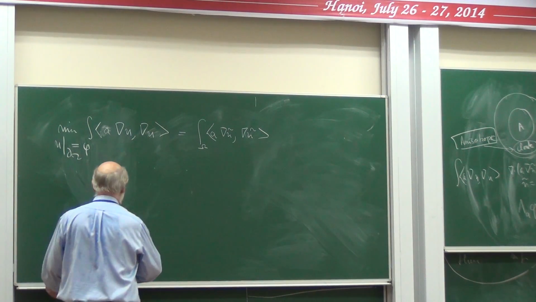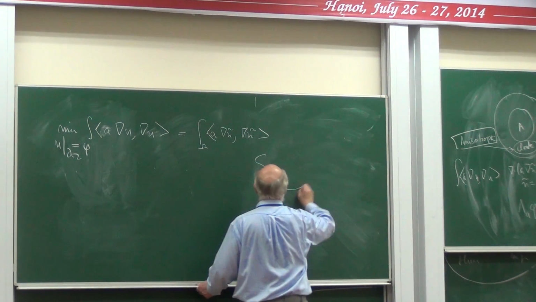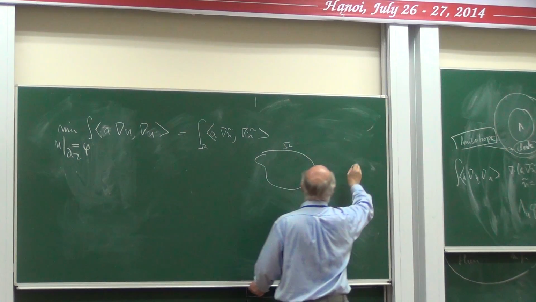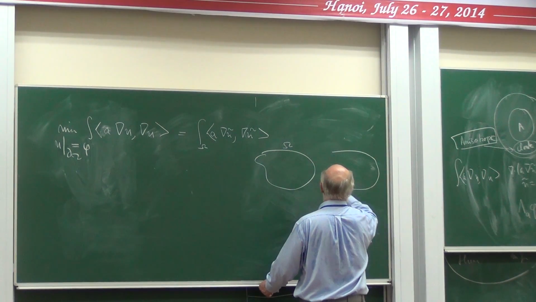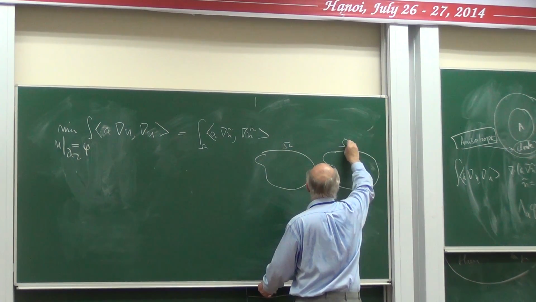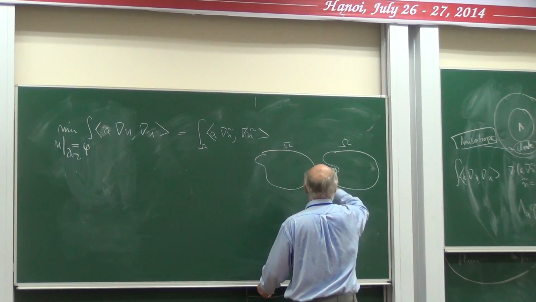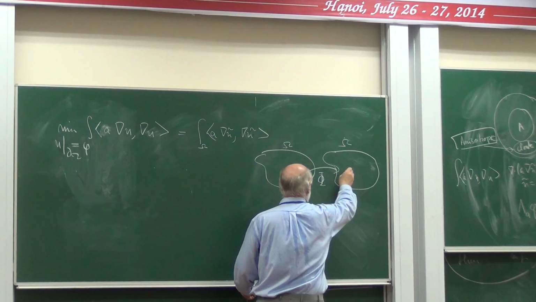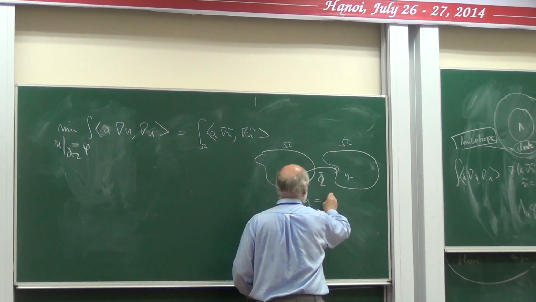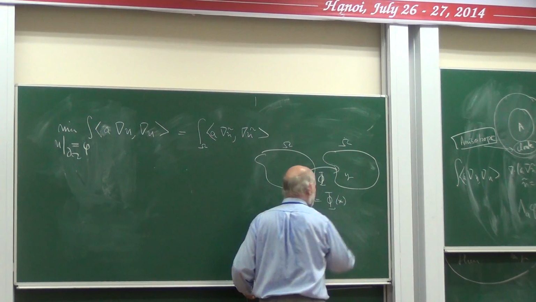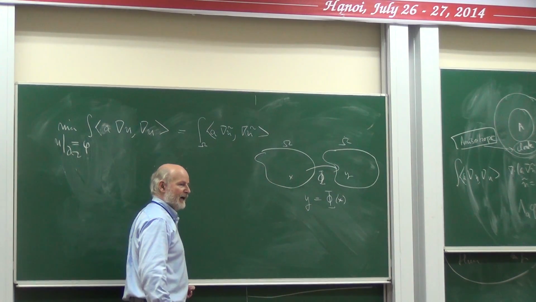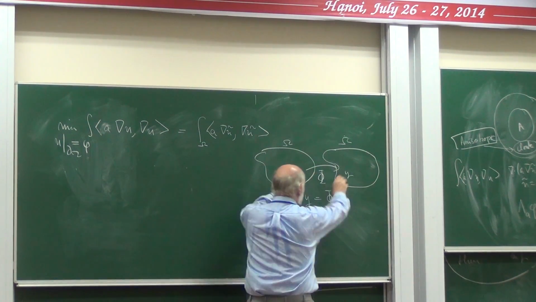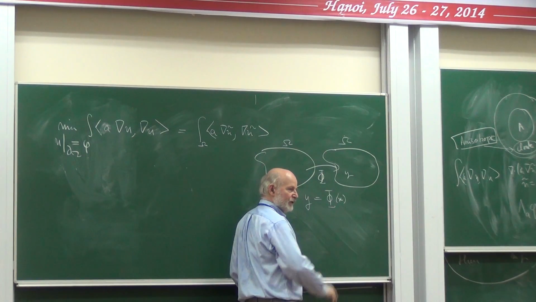Now let's do the following thing, which is very simple. Let's say we have the domain omega here, and I have a similar version of domain omega here, and I take a mapping capital phi. So now this is x, this is y, so I take y equal to phi of x. I change variables, and I do it in such a way that this domain is mapped to this domain.